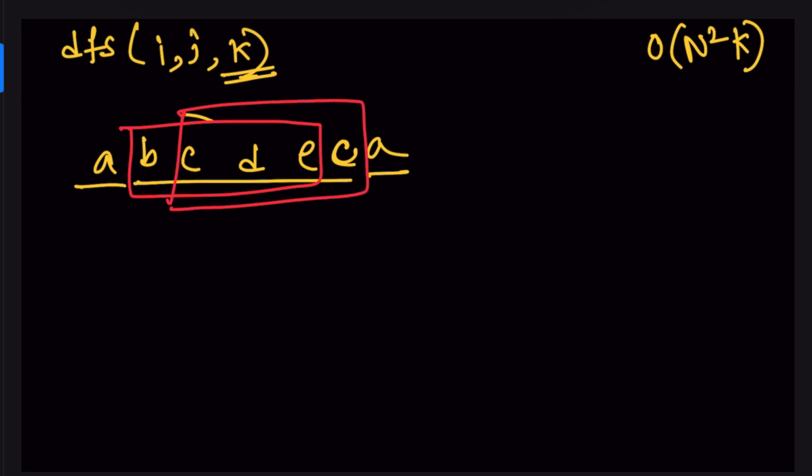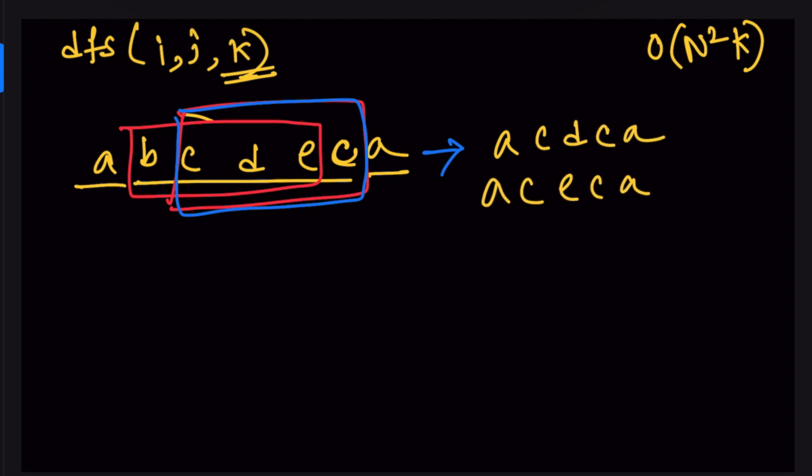So this one is a part of the solution. This will give a valid K palindrome. Here also, the valid K palindrome we can get is either A, C, D, C, A or A, C, E, C, A, either of these two, and both are of length 5, right? And what is the length of the whole string? That is 1, 2, 3, 4, 5, 6, 7.